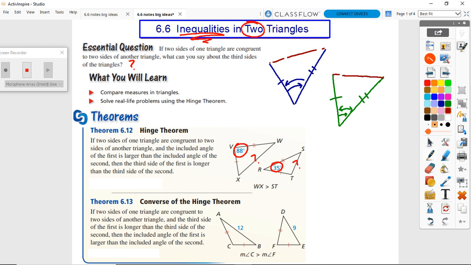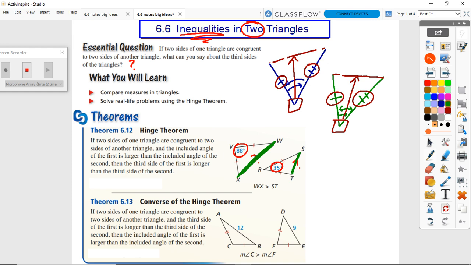Just think about it swinging open and swinging shut, because if you don't change those two things, then the angle is going to dictate how big that side across from it is going to be. All right, so we would know in this theorem example that WX would have to be greater than ST because 88 is bigger than 35.